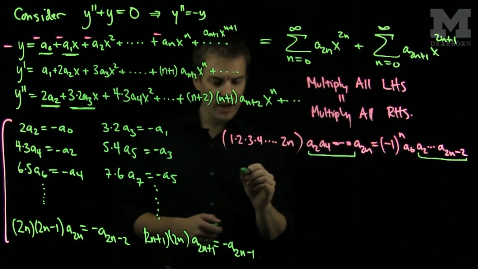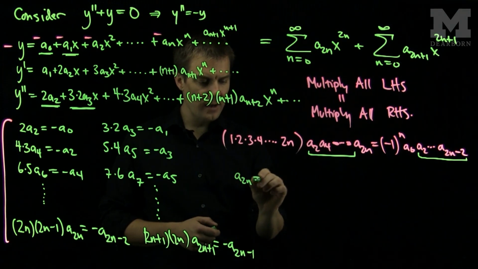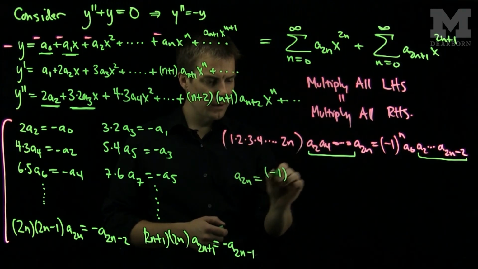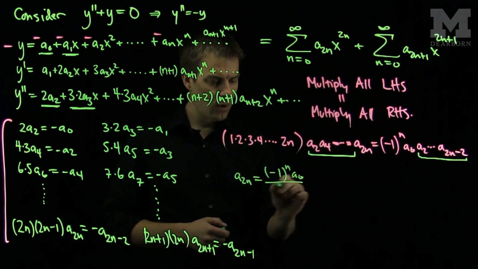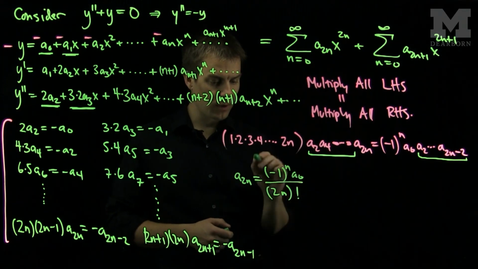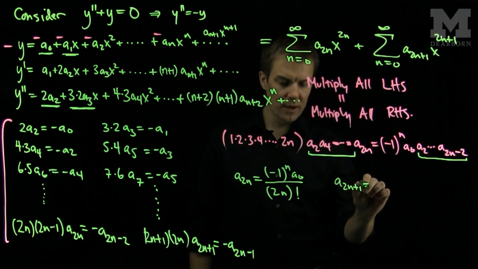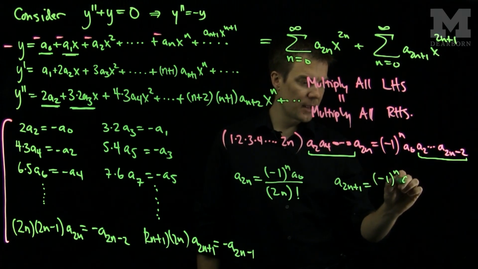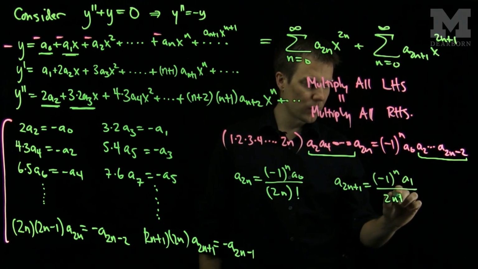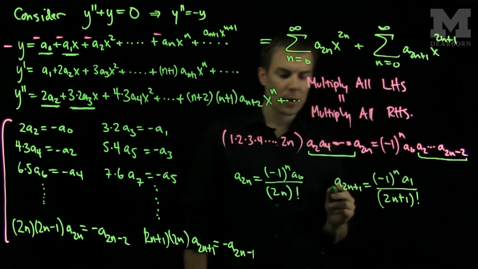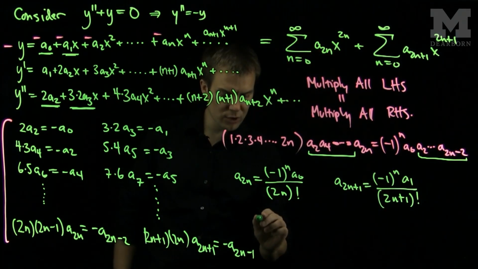And what we have here is that a2n is equal to negative 1 to the n a0 over 2n factorial. By a similar argument, we can see that a(2n plus 1) is negative 1 to the n a1 over (2n plus 1) factorial.